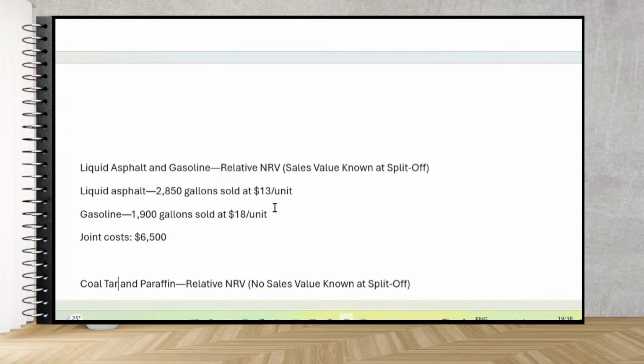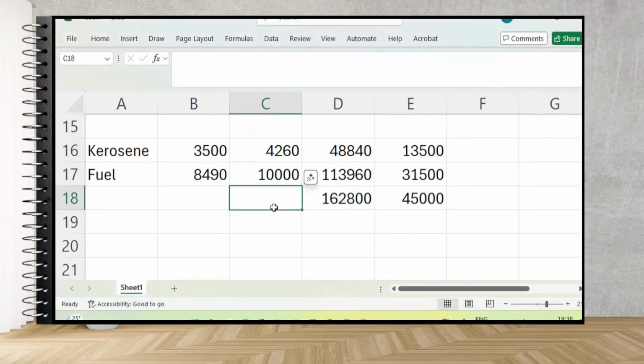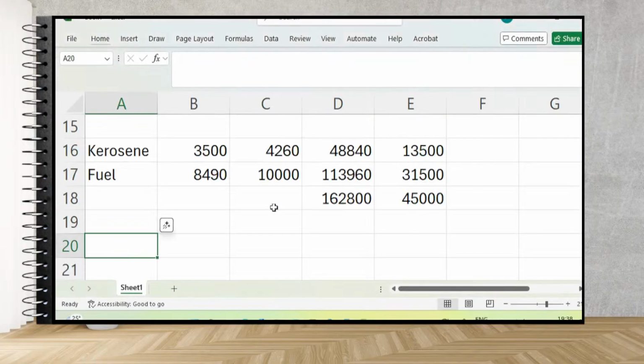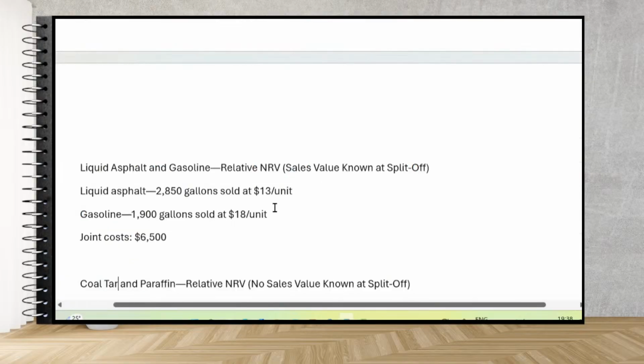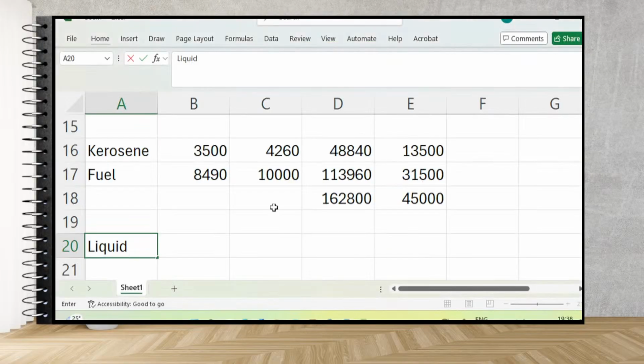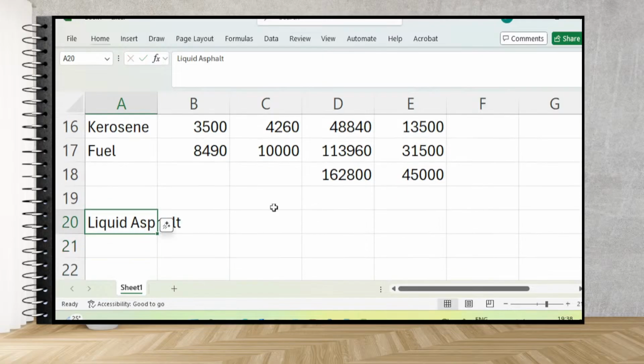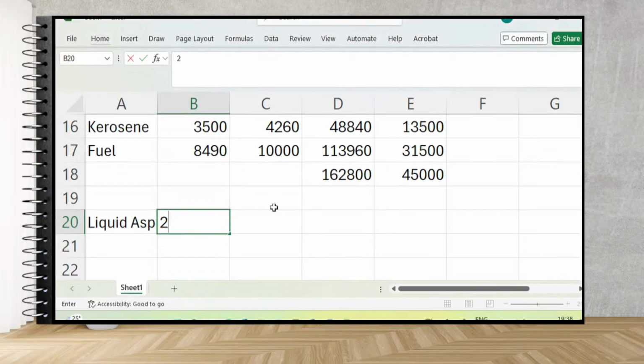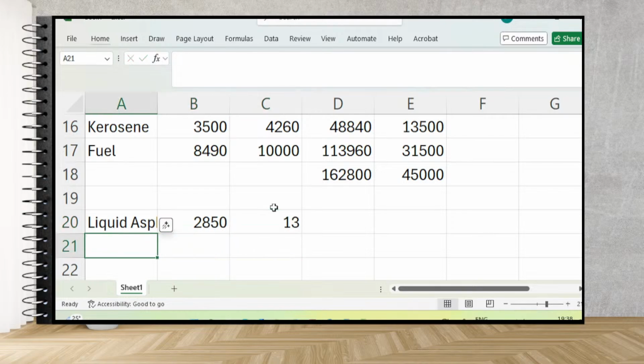So the quantity is 2,850 and the price is 30. We are aware of the sell price.